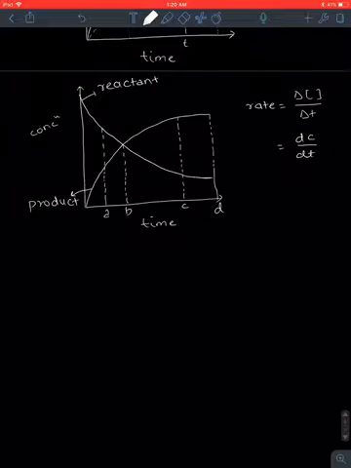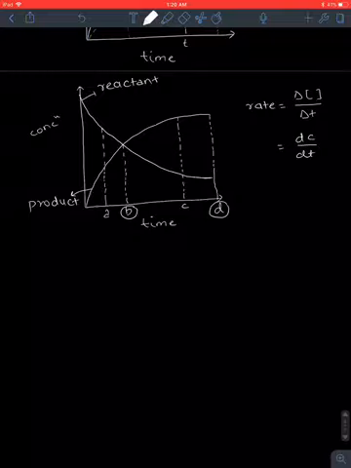Many of you, I'm sure, might be thinking that B is the time at which the equilibrium is attained, but that's not the correct answer. Correct answer is D, that D is the time at which equilibrium is attained.